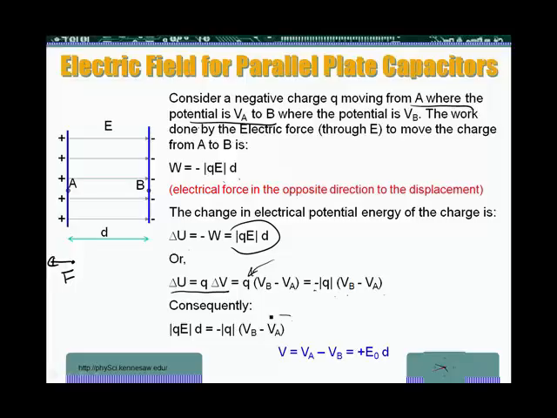So when we write the equal sign, we still have the same issue like last time. We end up having the same expression, where VA minus VB is E times d, or the voltage across the capacitor is E times d. Again, I didn't mean to have that here.